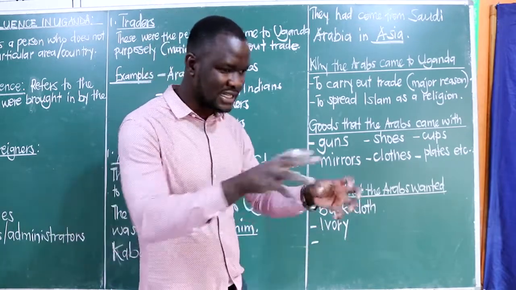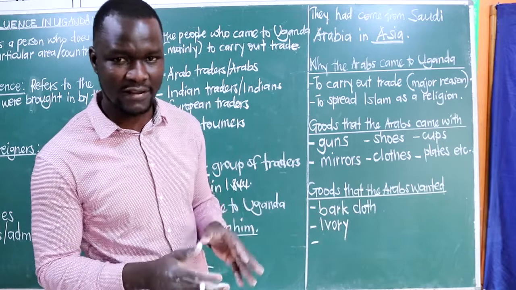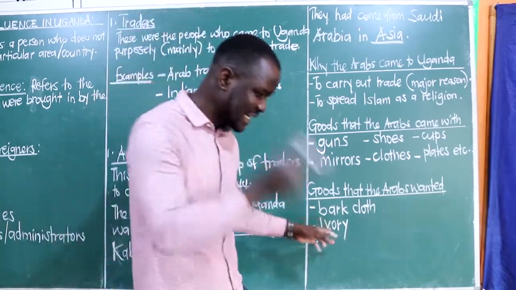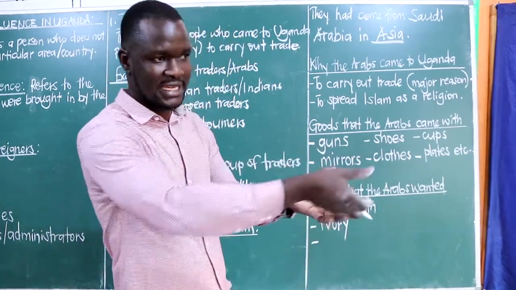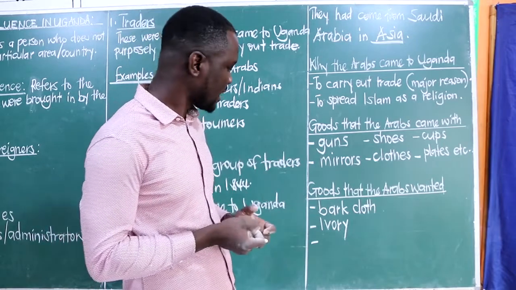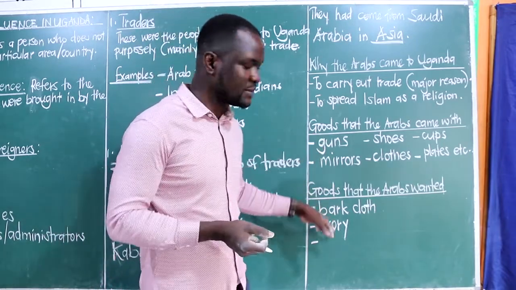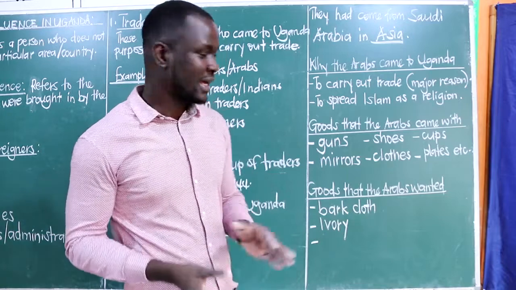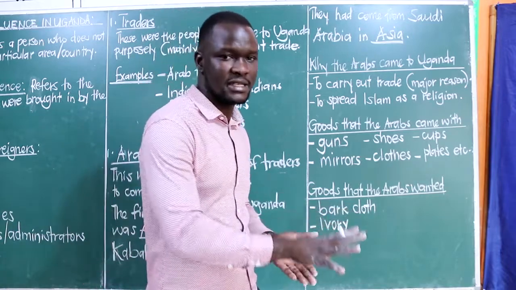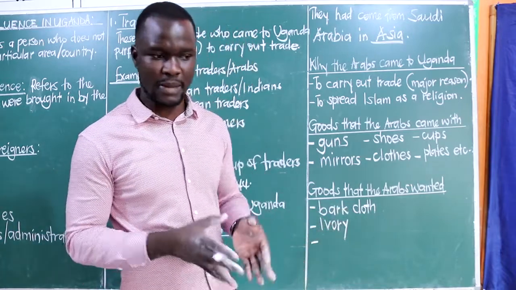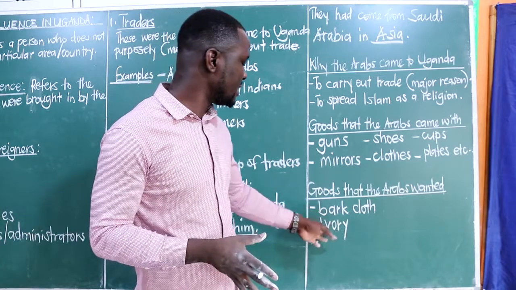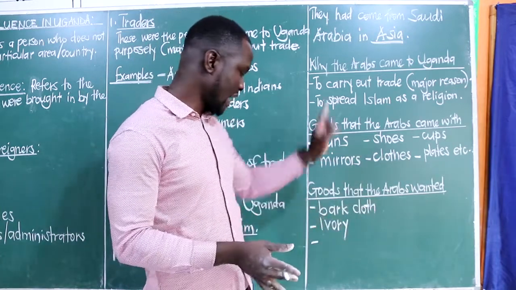Remember, you can't get the tusks from the elephant when it's alive. So people had to first kill the elephant, then they get the elephant tusks. So the presence of Arabs in Uganda led to the decrease in the number of elephants in game parks, or it made very many elephants to be killed for ivory.